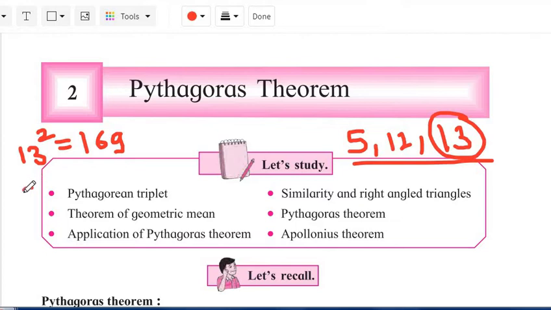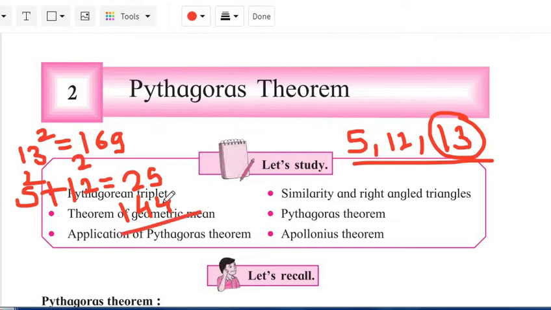And if I add the remaining two numbers' squares, that is 5 square plus 12 square, 5 square is 25 and 12 square is 144, and this comes to be equal to 169. Is it 169? Yes.